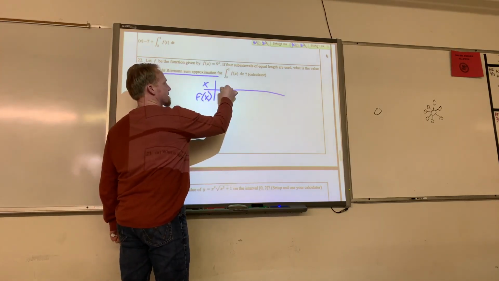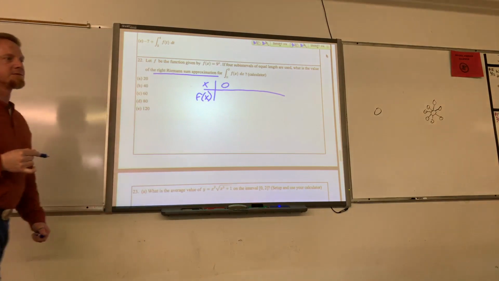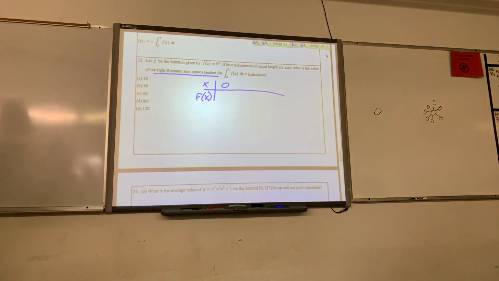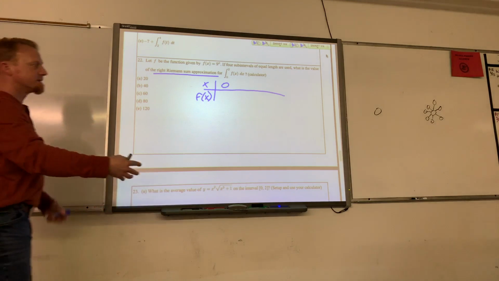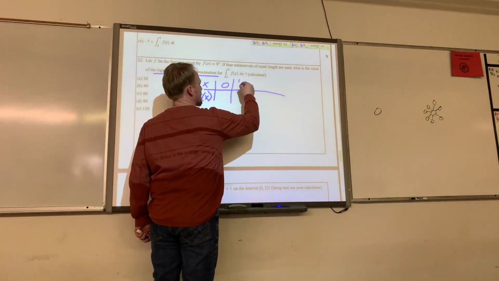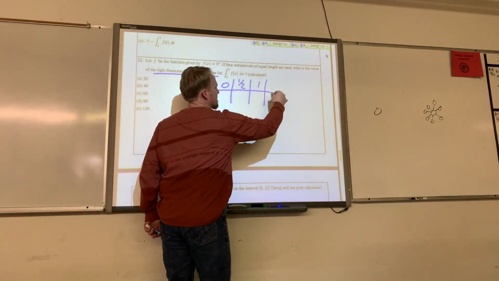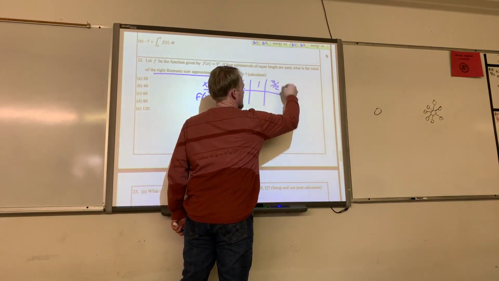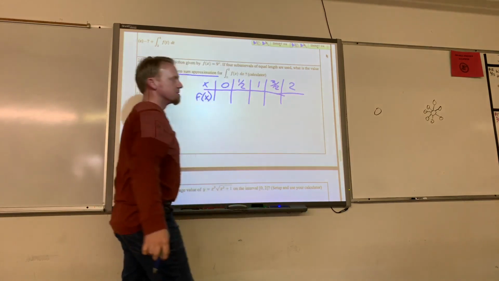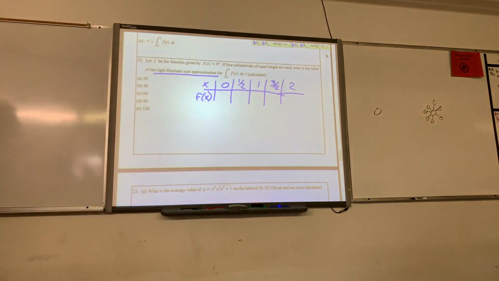And if I'm starting at 0, I definitely know the first one's 0. Okay, what do I want to finish up with? 2, and how many intervals do I want? 4. So if I take 2 and divide it by 4, that means my distance is going to be 1/2. So now I just need to get the y values that go with each one of those.